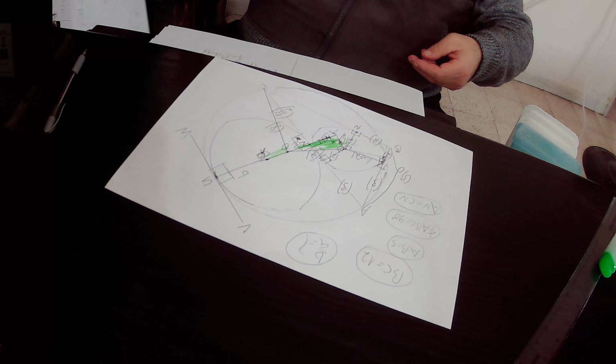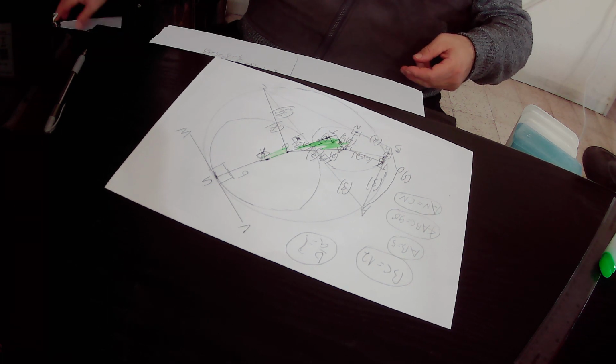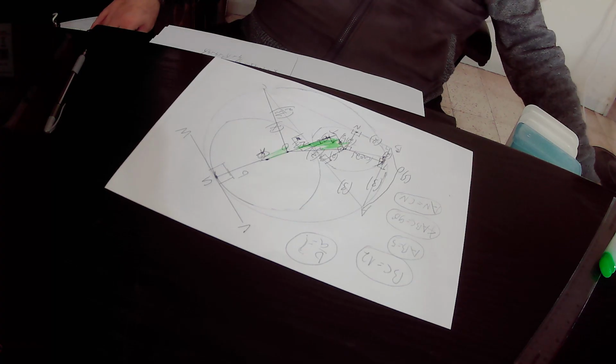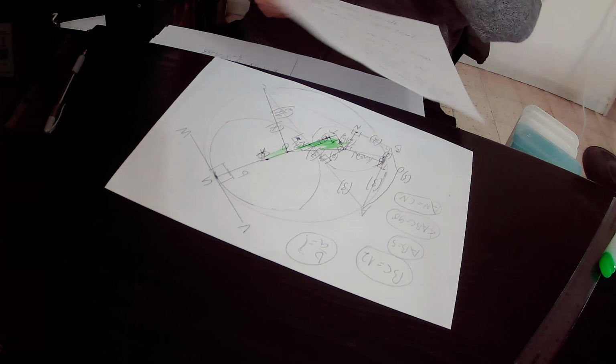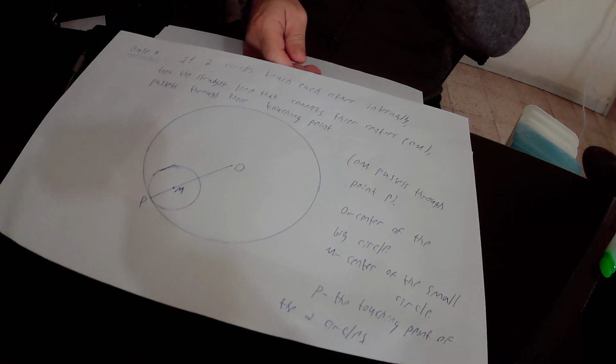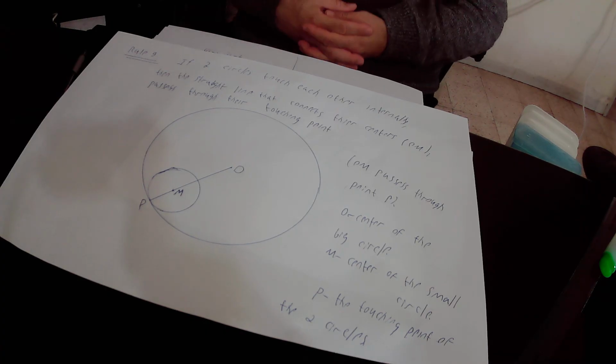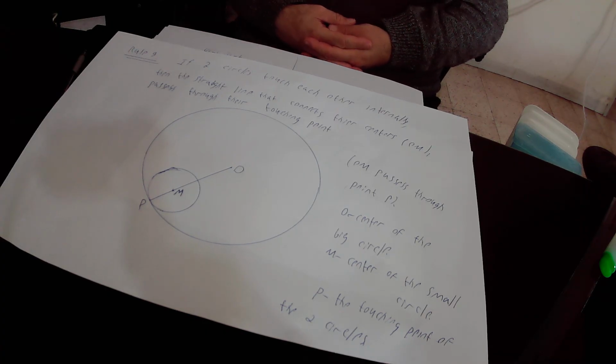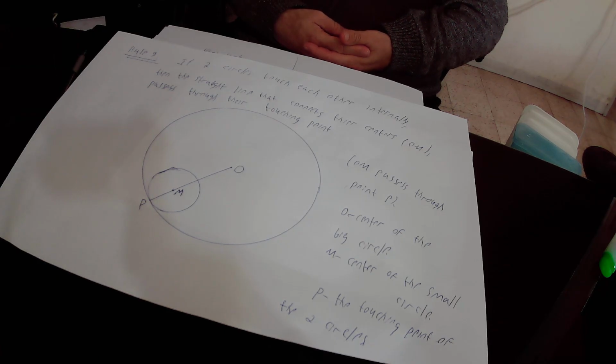Then I presented to you rule number 9 and now we implement rule number 9 in our drawing. According to rule number 9, if 2 circles touch each other internally, then the straight line that connects their centers together must pass through their touching point.